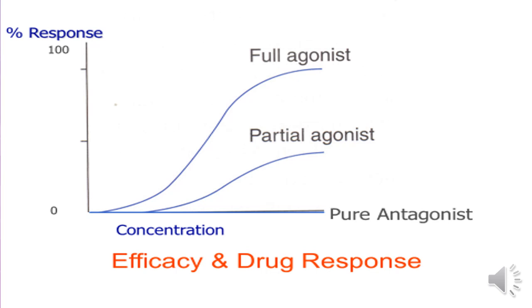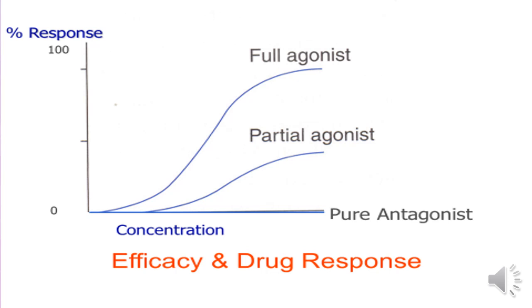So here, on the graph, the full agonist is giving its maximum Emax, maximum effect, maximum efficacy. What is happening is that the full agonist is the most potent and most efficacious drug.